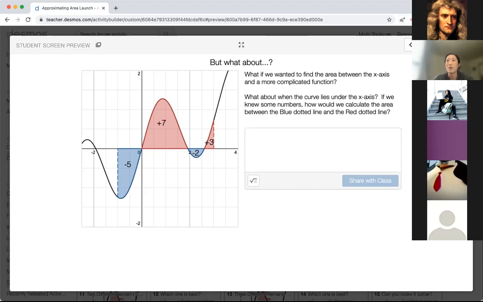So my question to you is what is the area between the curve and the x-axis from the blue dotted line to the end of the first red bump?